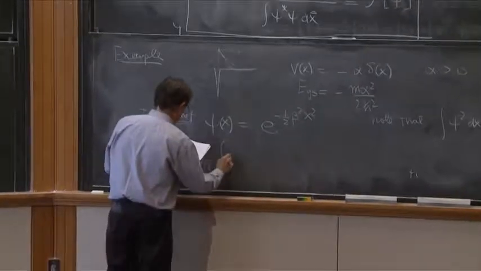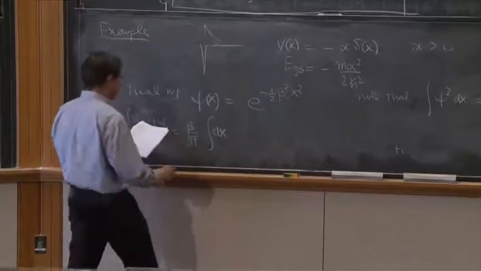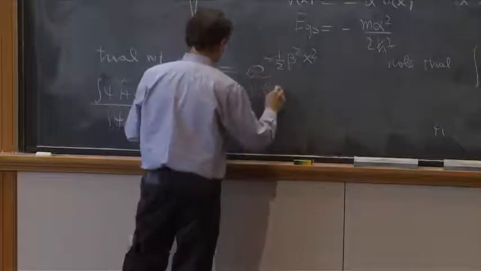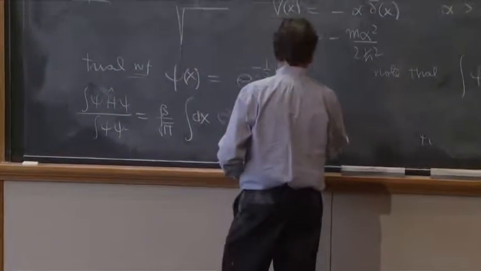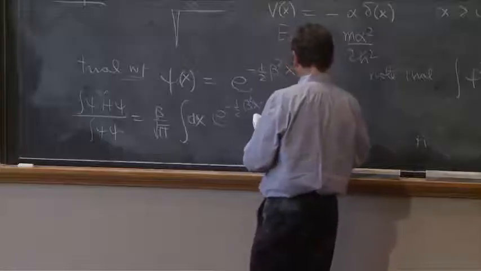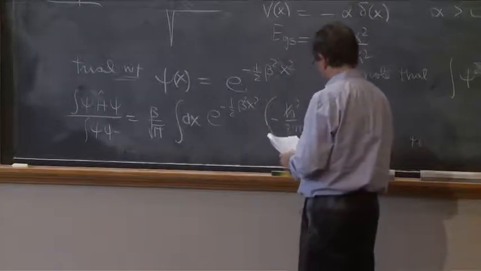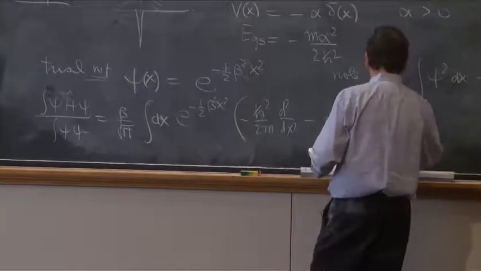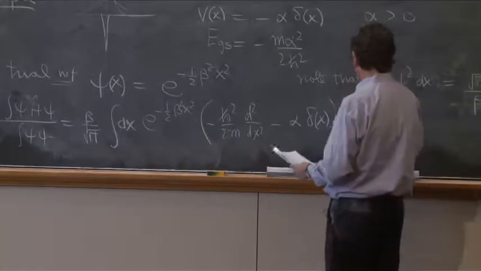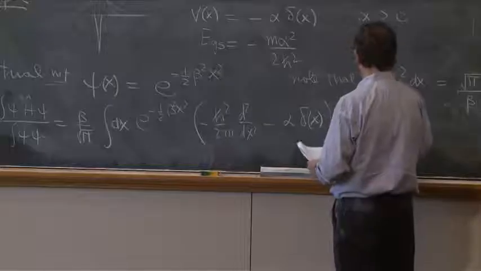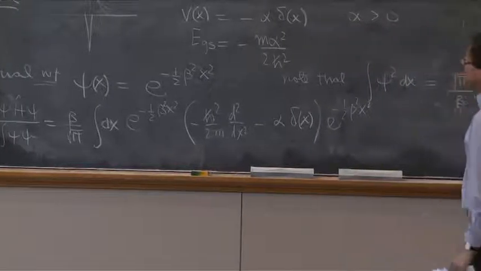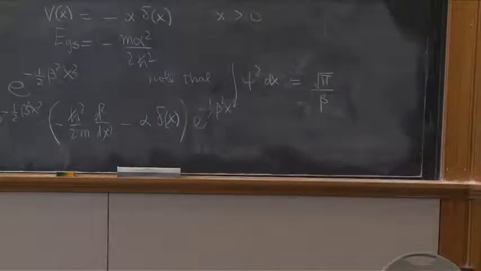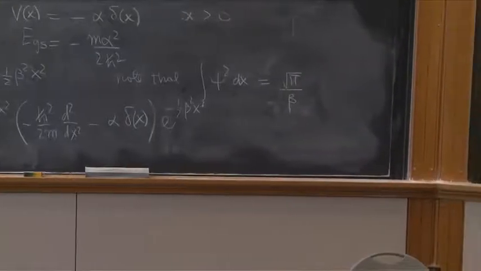And let me write the whole thing here: dx, the psi, would have e to the minus 1/2 beta squared x squared, times minus h-bar squared over 2m d second dx squared minus alpha delta of x, and another wave function e to the minus 1/2 beta squared x squared. Okay, so you have to evaluate that, and that's the part that is not so much fun.